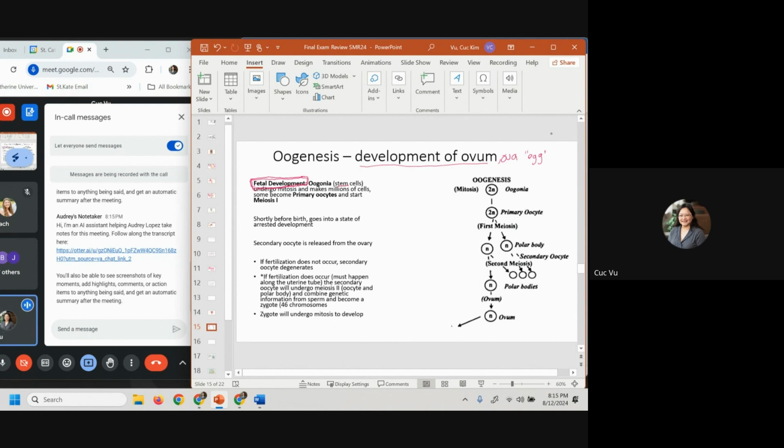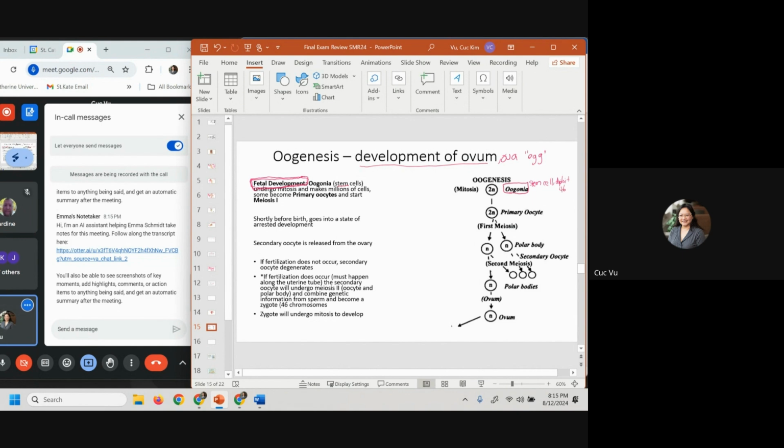So the oogonia is the stem cell. Now the oogonia is currently 2N, which means what again? It has how many chromosomes? Diploid? Yep. So stem cell, diploid, 46. Thank you. 46 total chromosomes.